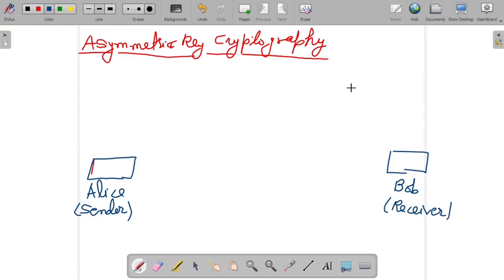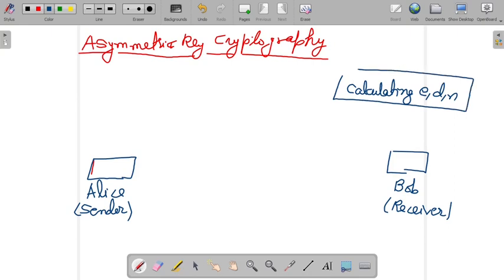Here Bob will generate or calculate some values. Let these values be E, D and N. They are calculated by Bob, and Bob will broadcast the key.